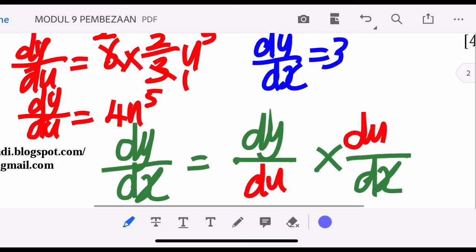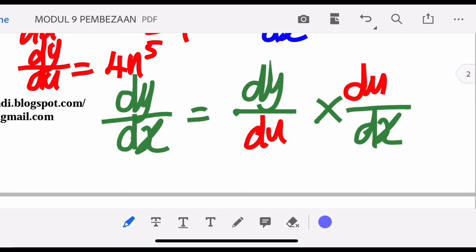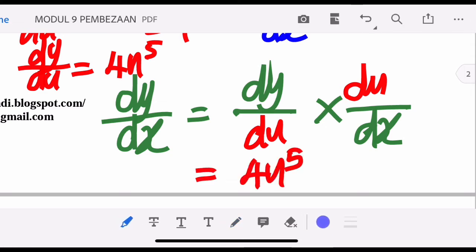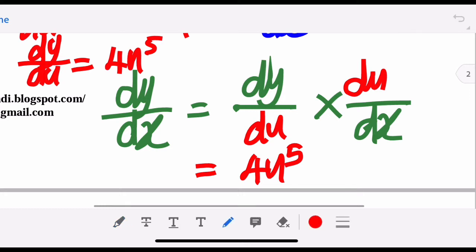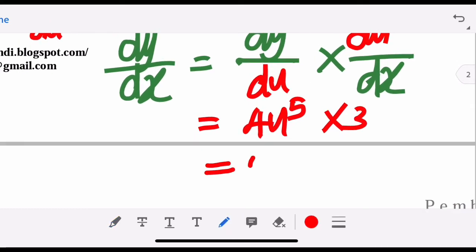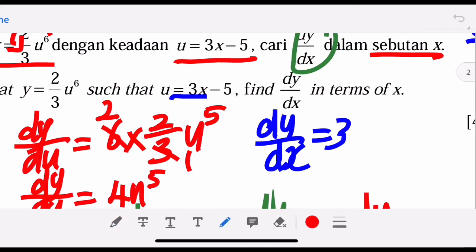You have 3 unknowns, so we just substitute dy/du, we have 4u^5, and du/dx we have 3. So we have 12u^5. But what is u then? u is this thing.